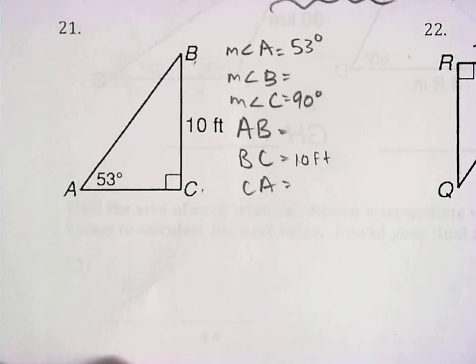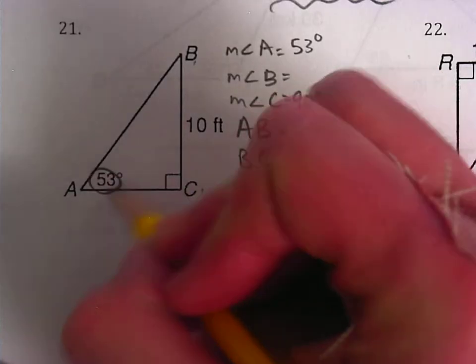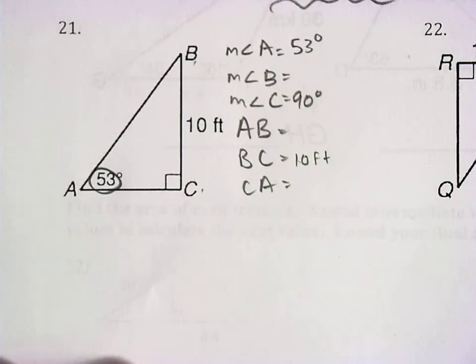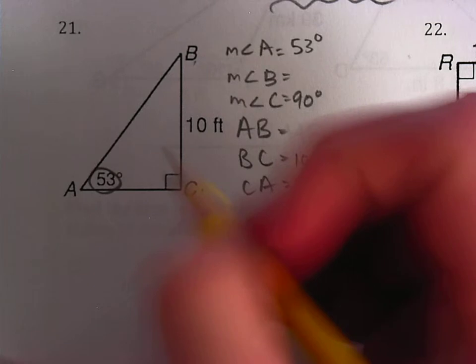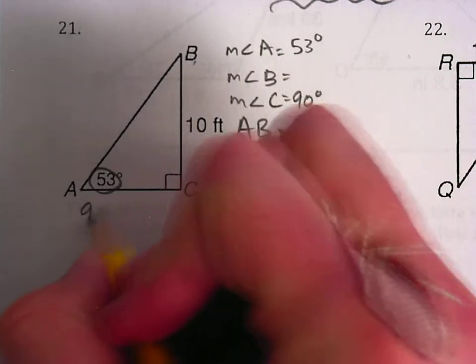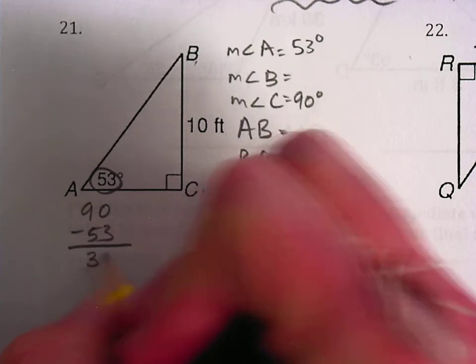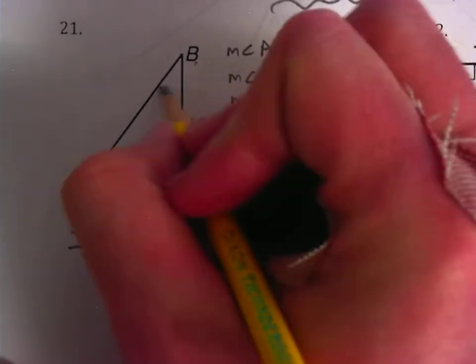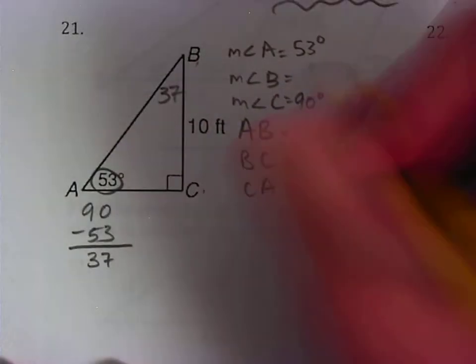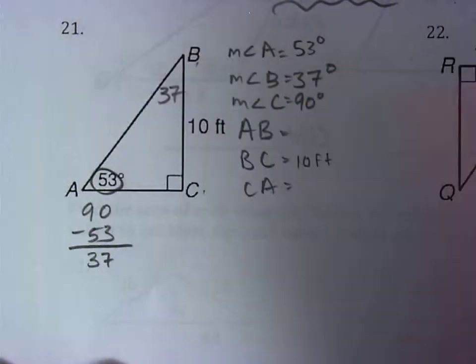Now notice this is one type of these right triangle problems where they give us the angle. If they give us a side and an angle, then we're going to find the other angle, and all we're going to do is take that angle and subtract from 90. That's 37. So angle B is 37 degrees.